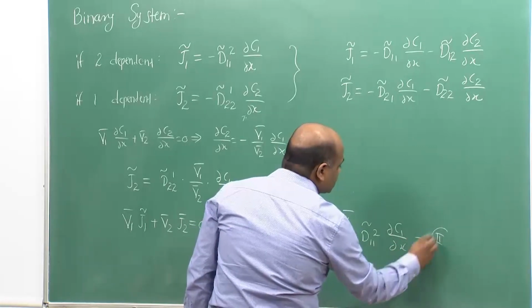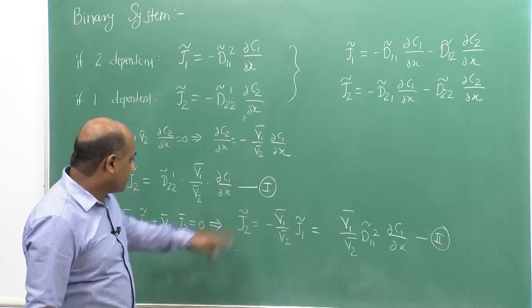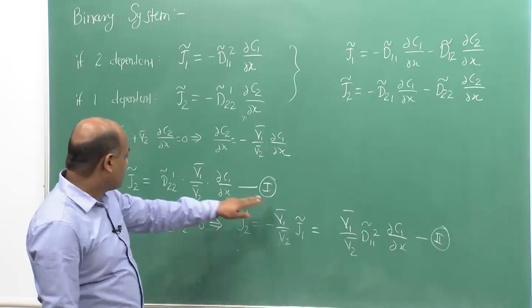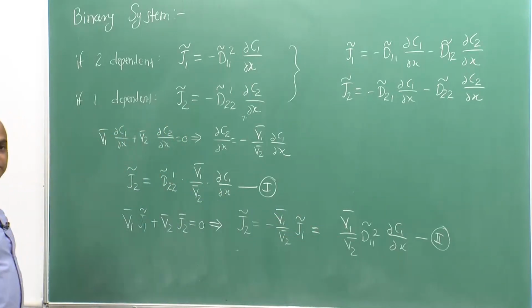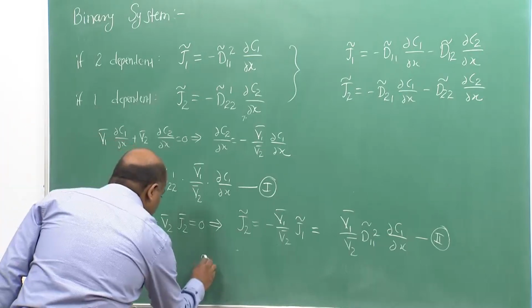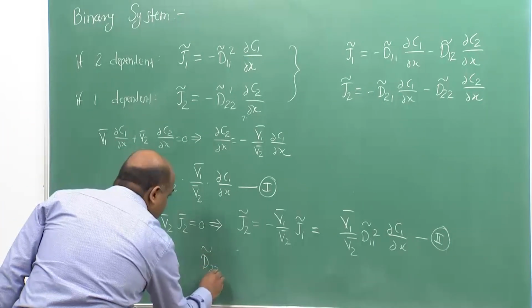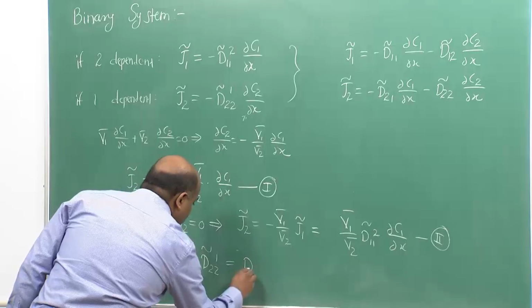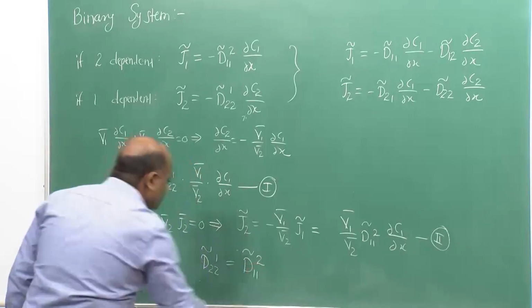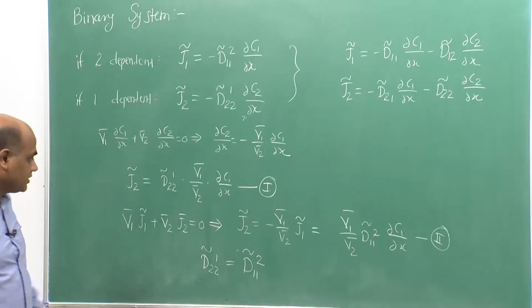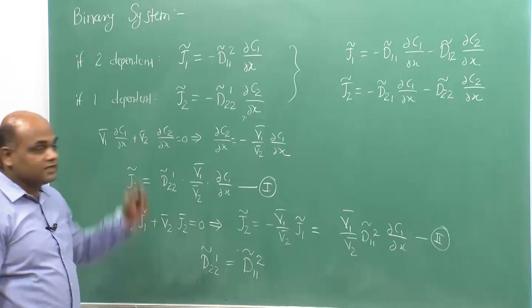Let us call this equation 2. So, if we compare the right hand sides of 1 and 2, it tells me D22 tilde 1 should be equal to D11 tilde 2. So, both the equation coefficients should be the same.